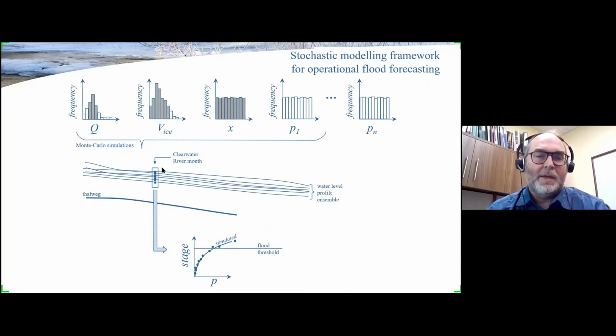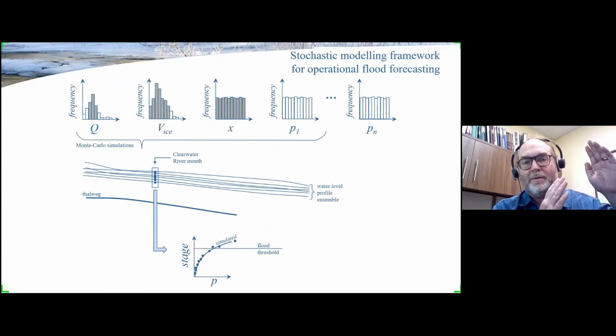The volume of ice I can also constrain, especially when the breakup persists, it's continuing, and your ice front progressively moves downstream and approaches your area of interest or your gauge location closer and closer.